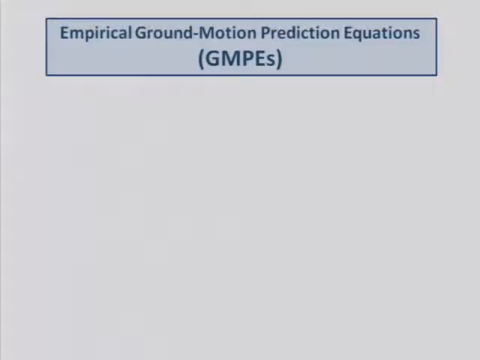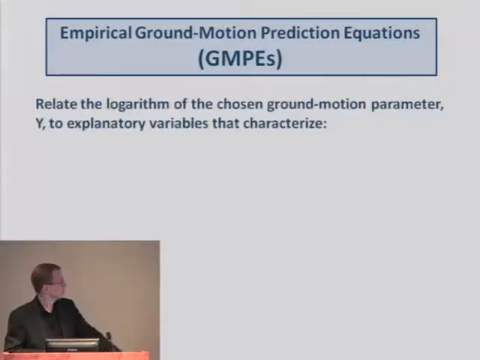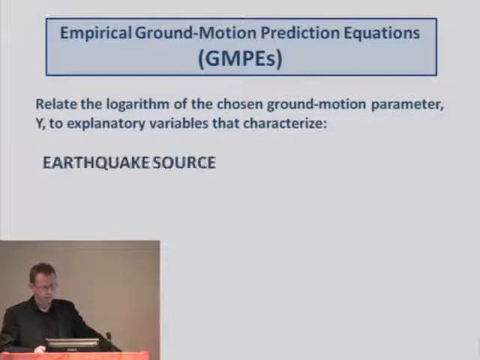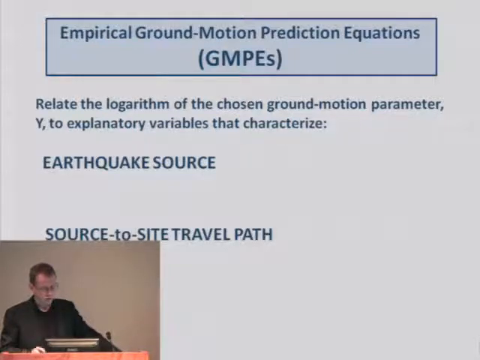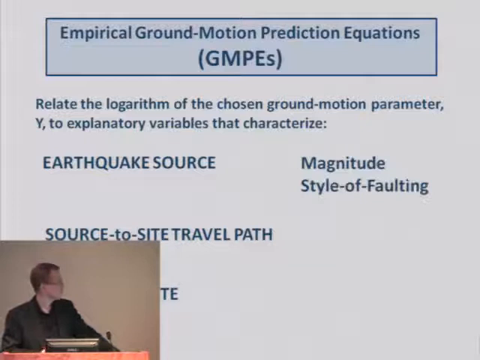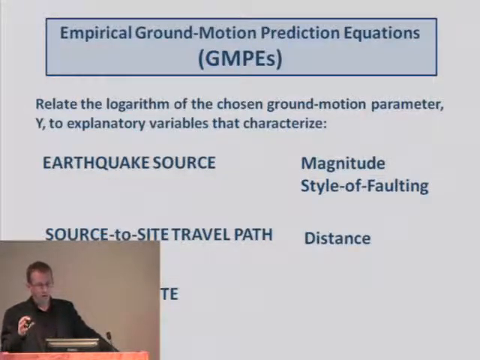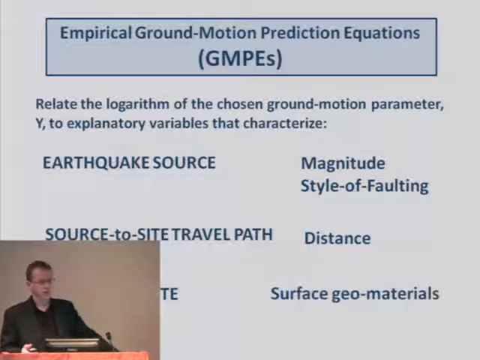And in developing empirical ground motion prediction equations, we generally will relate the logarithm of whichever is our chosen ground motion parameter, I call it y for illustrative purposes now, to these explanatory variables characterizing the earthquake source, the travel path, and the recording site, for which we'll generally, as a default at the minimum, use magnitude and style of faulting, the distance covering the path, plus, of course, the path is implicitly covered by the selection of which region we're developing our model for, and then the surface geomaterials or the nature of the site itself.